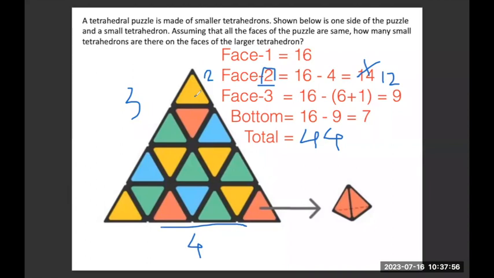In phase 2, when I have counted everything in the front facade, which is phase 1, this 1, 2, 3, and 4, all these 4 faces are getting repeated because I've already counted them in the front face, which is phase 1. That's why 16 minus 4. When I take phase 3, which is on this side, I will eliminate. Let me just do a dotted line here.